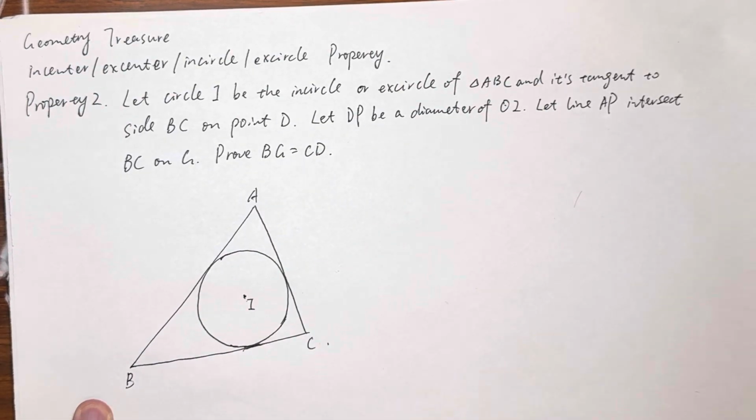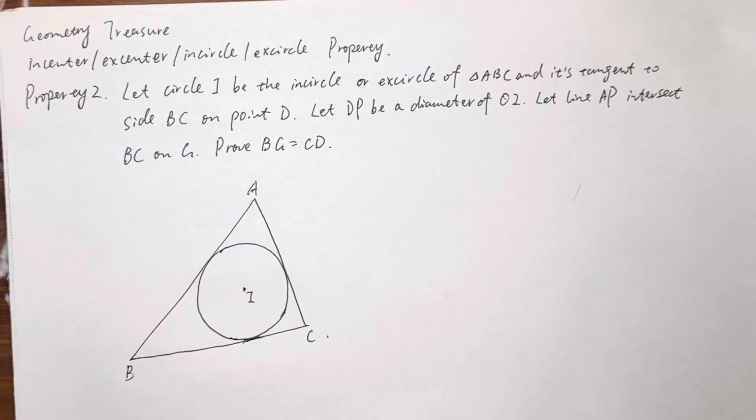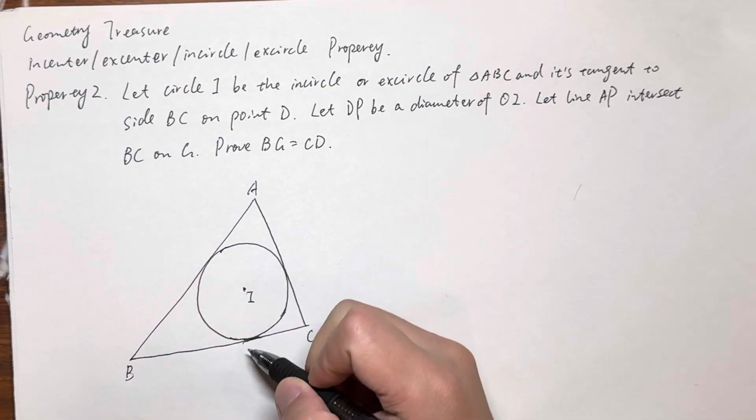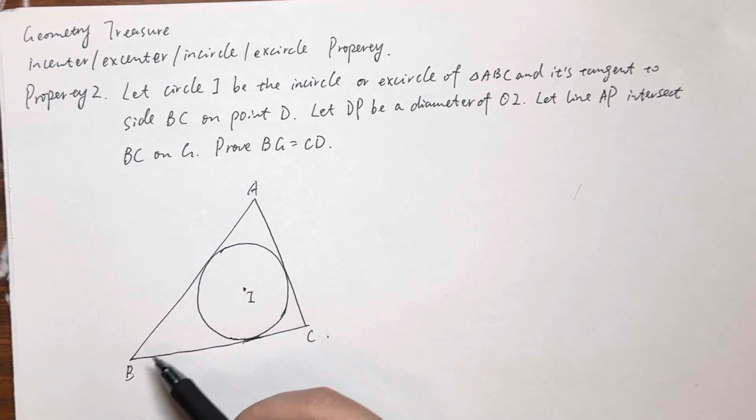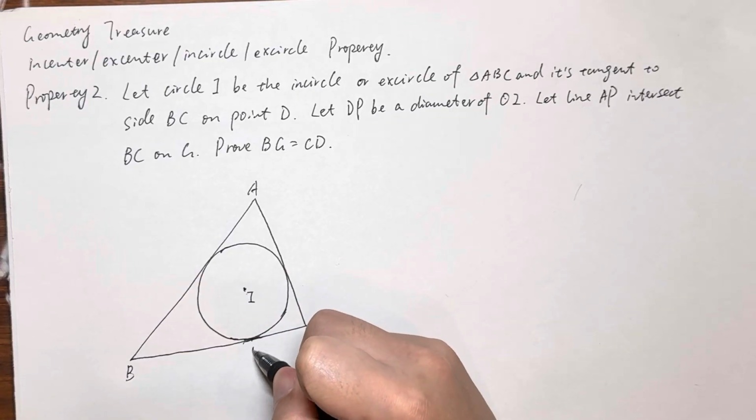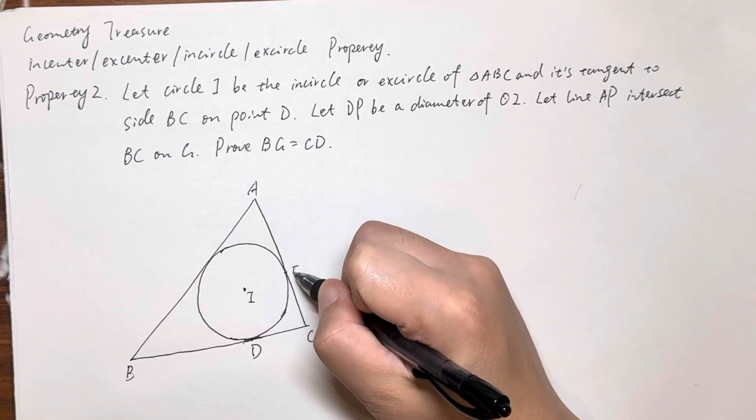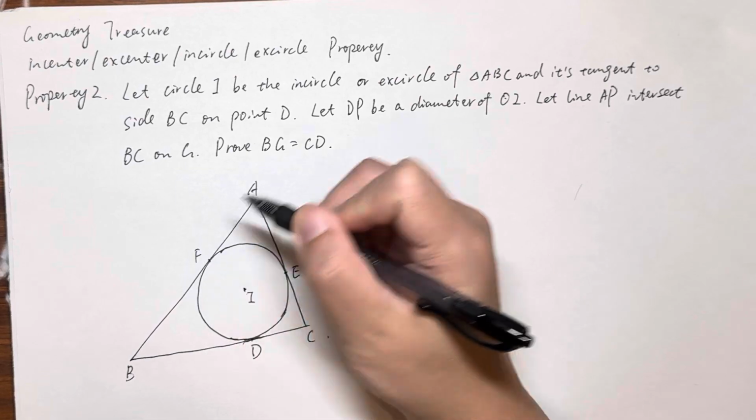We have the incircle of the triangle ABC as circle I, and we know that circle I is tangent to BC at point D. Let's call the other tangent points E and F here.